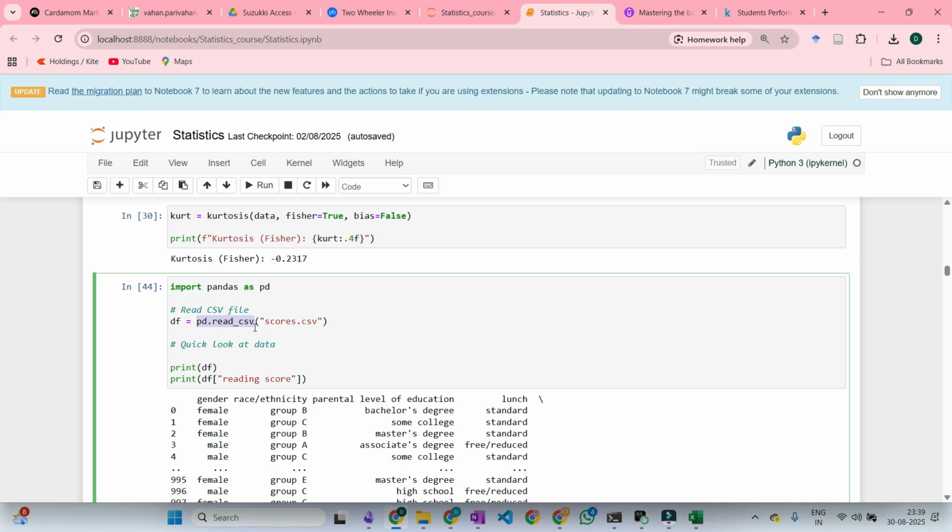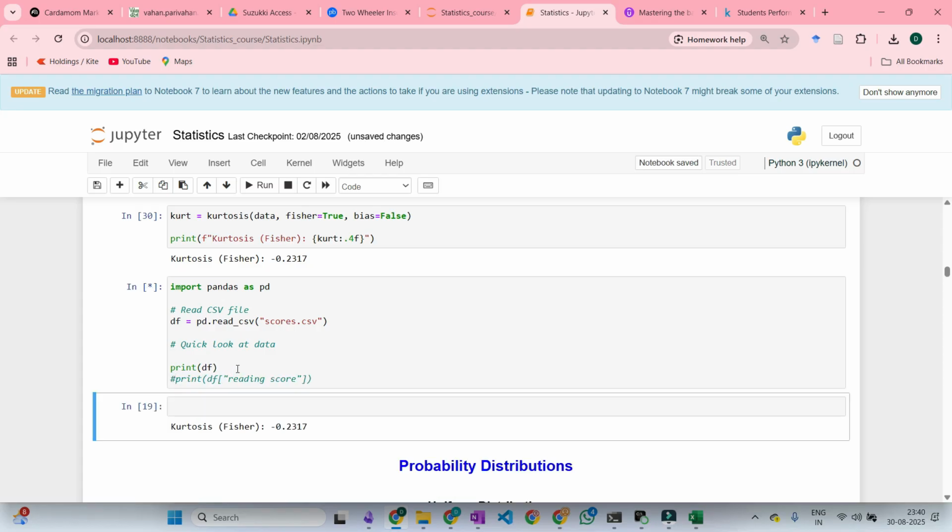You have a command for Excel also. I am importing this file, that is course.csv. I am storing this file in the same folder as that of my Jupyter notebook. Right. So I have created a data frame. This df is called a data frame. So let us print that data frame first.